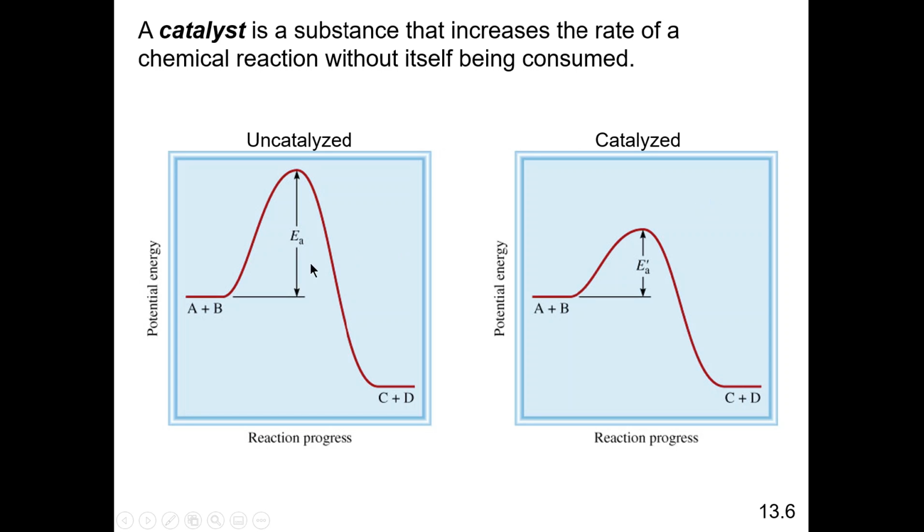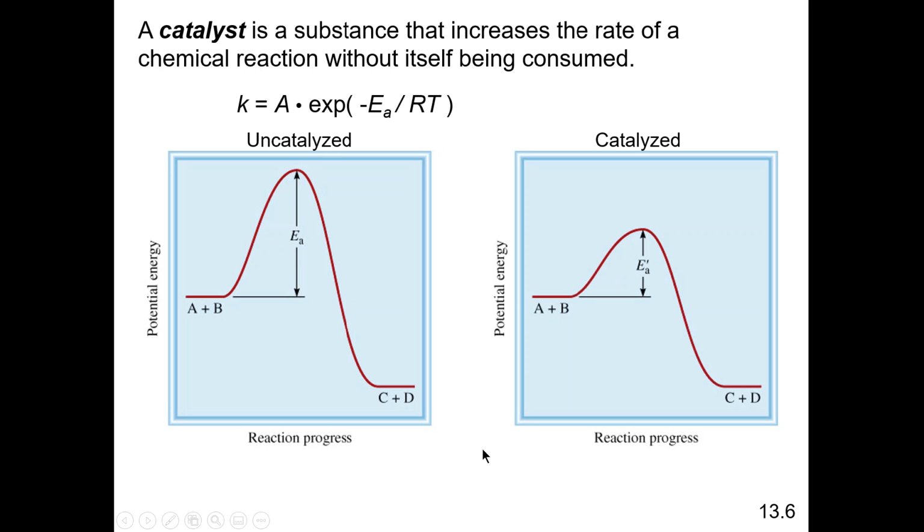So as you can see here, this is the uncatalyzed reaction energy diagram, and this is the catalyzed reaction energy diagram. In the case of the catalyzed reaction, the activation energy is lower, which means that the reaction rate will be faster.